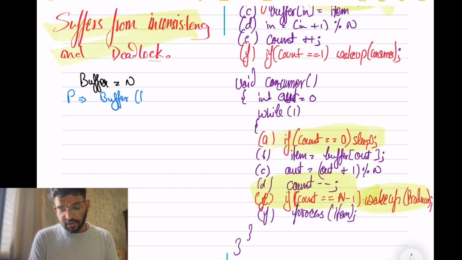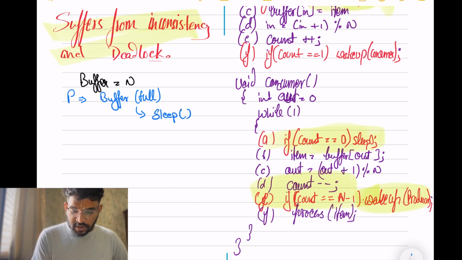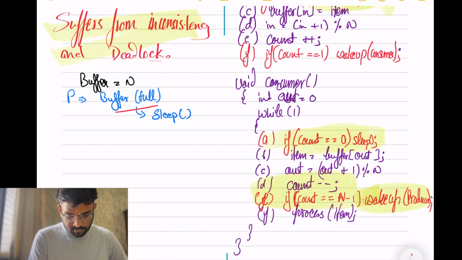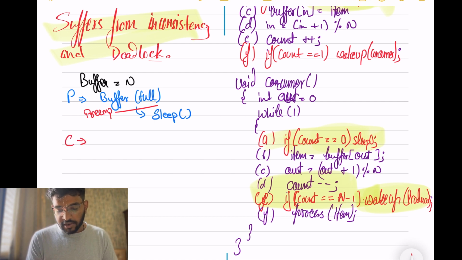The next instruction it is going to execute is sleep. But here preemption happens, and the consumer starts executing. So at this state, the producer is actually awake.